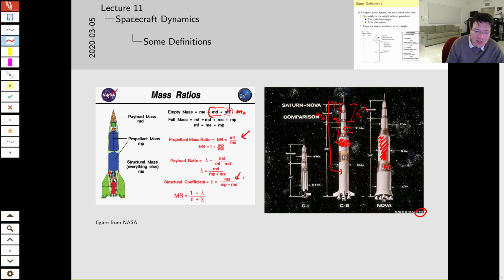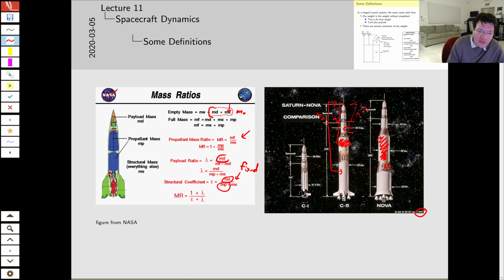It's specifically the limitation on each of these stages, how much structural mass you need for each little bit of propellant mass. So this is kind of a law of nature, if you will. By contrast, this payload ratio here you can optimize a little bit.